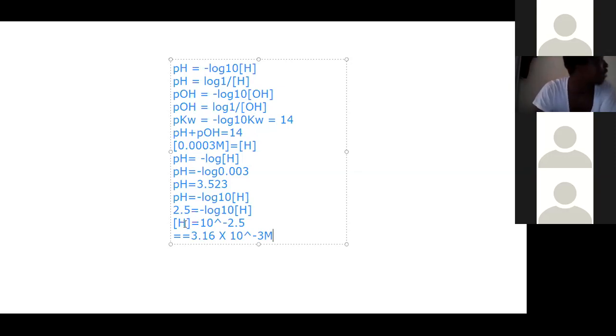That is nitric acid. So calculate the pH of aqueous solution of 0.05 mole per dm cube of HNO3. Start work.